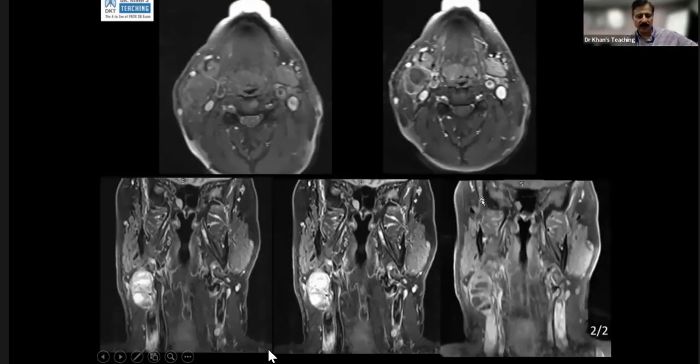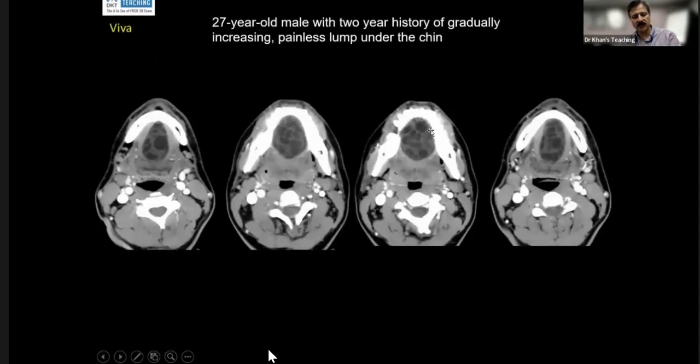When we give contrast, you can see that there are internal septations, some enhancement. So this was a malignant lymph node instead of a second branchial cleft cyst. Okay, last few cases. What is happening here?